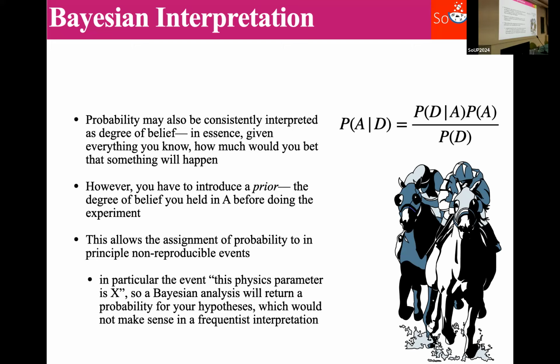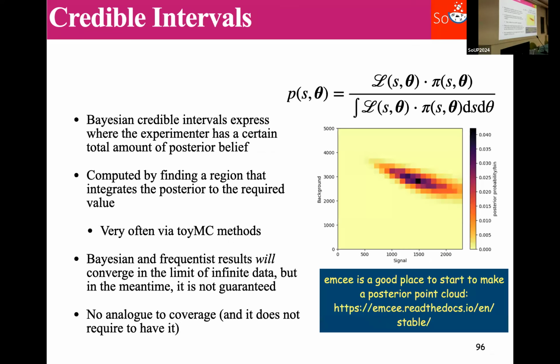In particular, because Bayesianism is about degree of belief, results from Bayesian methods are going to say something about your degree of belief in some physical model, in the mass of the WIMP or in the cross-section of the WIMP. This is also the case when you get to credible intervals. Bayesian credible intervals express where the experimenter has a certain total amount of posterior belief.